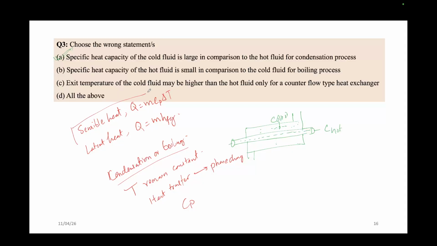So Cp is required or irrelevant, right? Up to this, any confusion? Or I can say that ignore Cp.